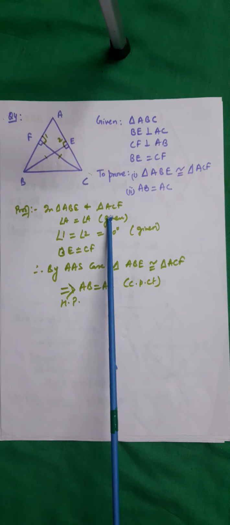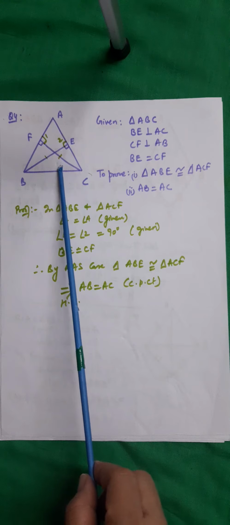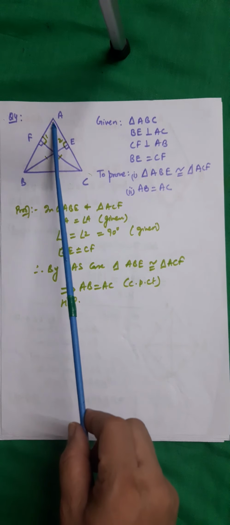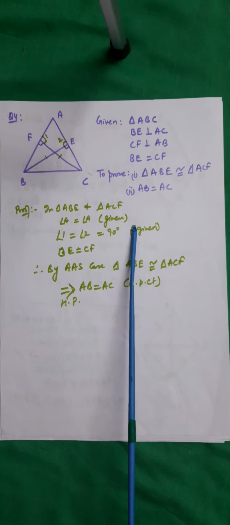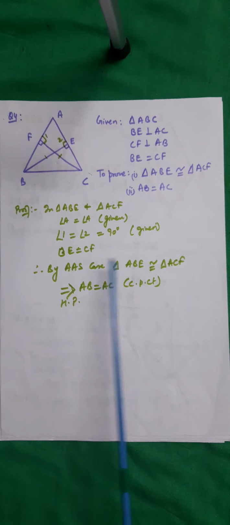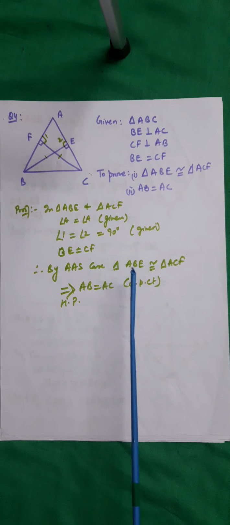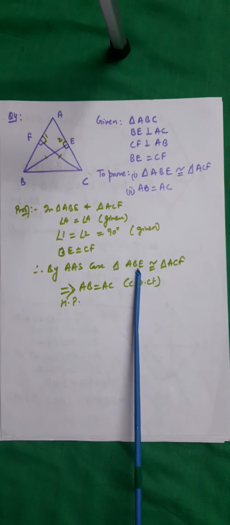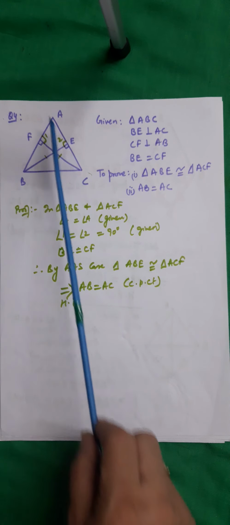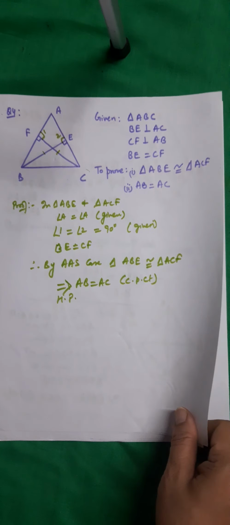Now consider these two triangles. In these two triangles, angle 1 is equal to angle 2 is equal to 90 degrees. Angle A is equal to angle A, and it is given that BE is equal to CF. Therefore, by AAS congruency case, triangle ABE is congruent to triangle ACF. Now, if they are congruent, then we can say AB is equal to AC by CPCT.